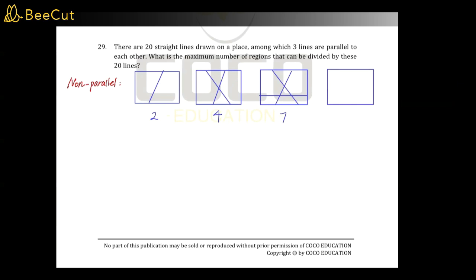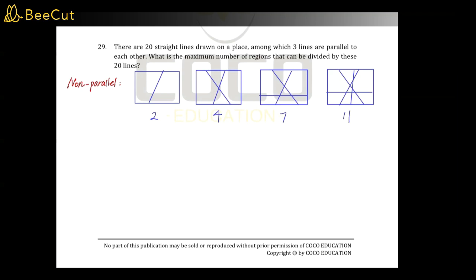Let's just get one more. Okay, let's say we get another line here, intersecting with all the other lines. So you can check in the figure, we have a total of 11 regions.